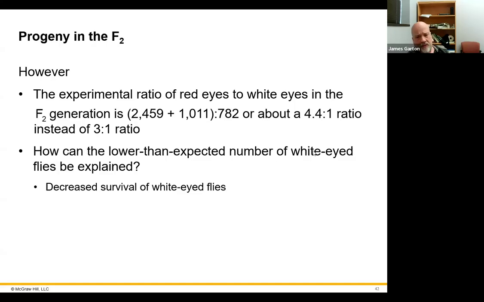This seems to indicate, and I'm not saying the white-eyed allele was fatal, I'm not saying that those flies were blind and therefore they couldn't see to get prey or anything like that, but it is indicative that something in those white-eyed flies lowers their ratio of survival.